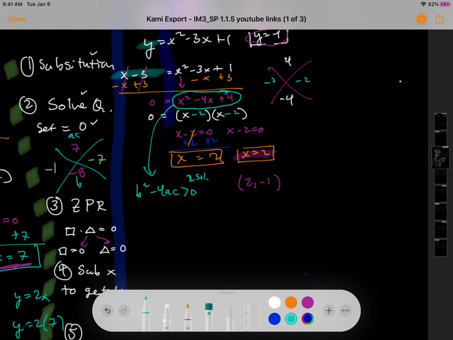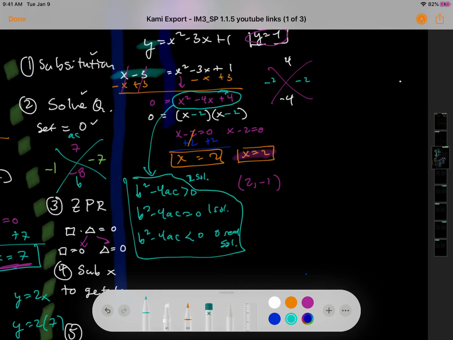If it is equal to 0, you will have 1 solution. And if it is a number smaller than 0, negative, you're going to have 0 real solutions. Okay. So the reason why this works, let's do it on ours.